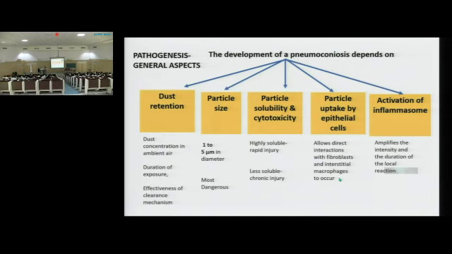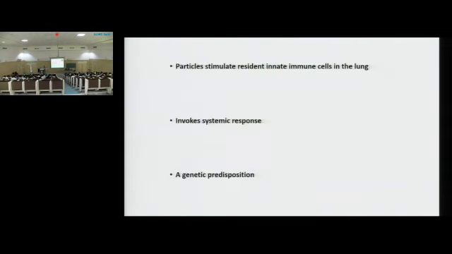Then activation of the inflammasomes, different kinds of inflammasomes, amplifies the intensity and duration of the local reactions. So particles stimulate the innate immune response and activate the immune cells. It also evokes some systemic response, and as I told you, there will be some genetic predisposition also. Not each and everyone will get pneumoconiosis.